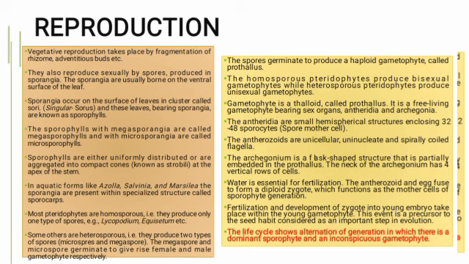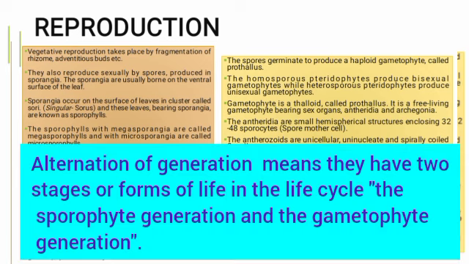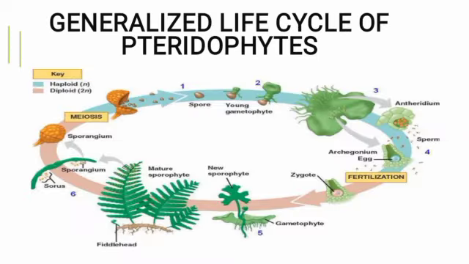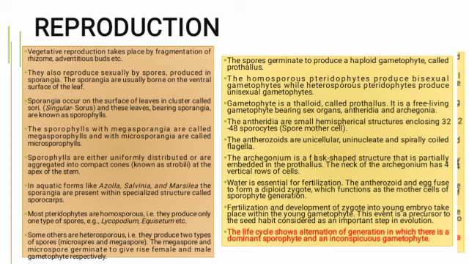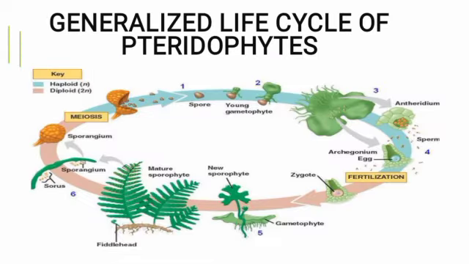The life cycle of pteridophytes shows alternation of generations, with a dominant sporophyte and an inconspicuous gametophyte. Unlike in bryophytes, where the gametophyte is dominant, in pteridophytes the sporophyte is dominant and its gametophyte is inconspicuous.